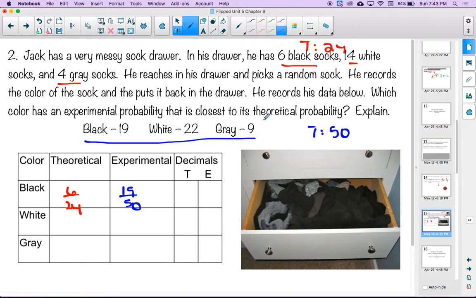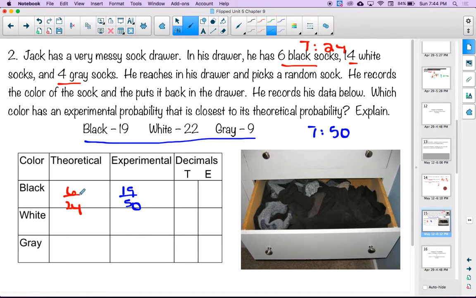So the question asks here, which color has an experimental probability closest to its theoretical probability? Fractions, if we want to compare fractions, we can either find a common denominator or we can change them both to decimals. I think it's easiest to change these both to decimals because that makes it easier to compare our two numbers without having to find that common denominator.